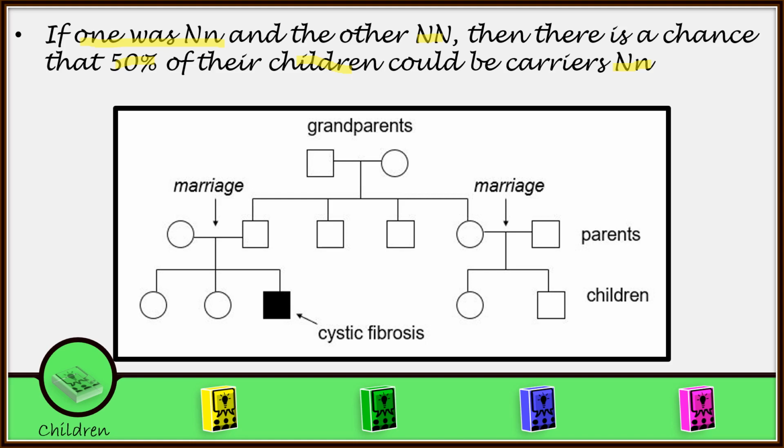That is, the grandparents are normal, but one is capital N, small n, and the other is capital N, capital N. There is a chance that 50% of their children are going to be carriers, meaning that they will have capital N, small n. That is 50%.